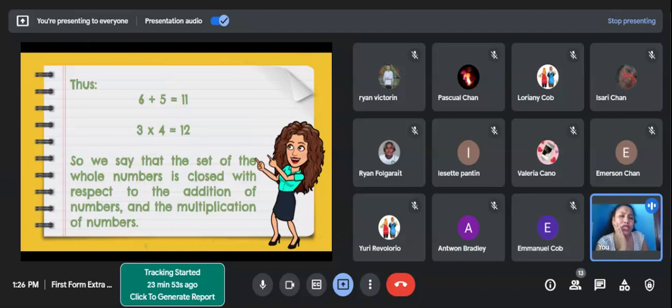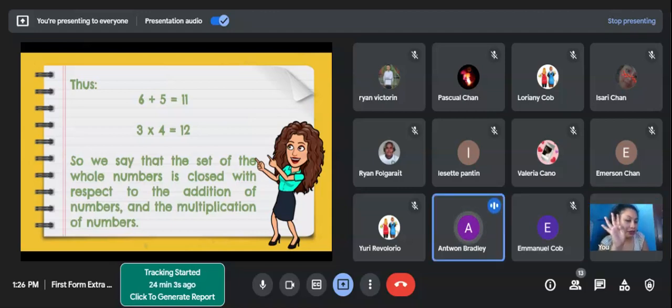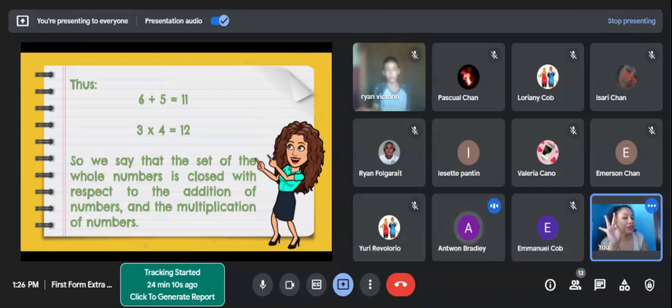This law is saying that how many operations do we have? What are the 4 basic operations that we have? Addition, subtraction, multiplication, and division. Very good.